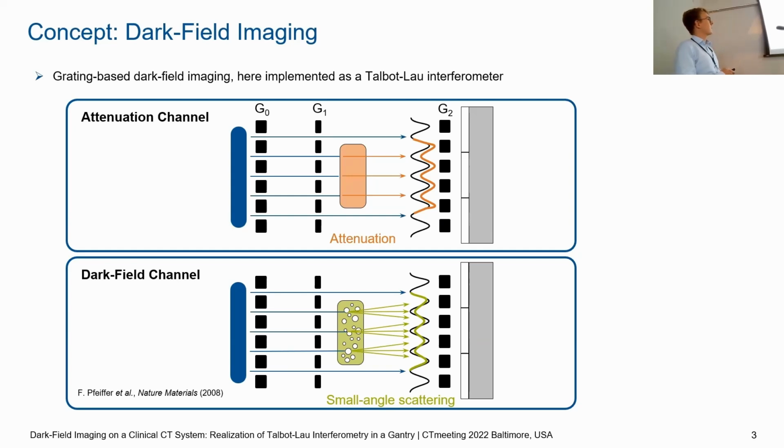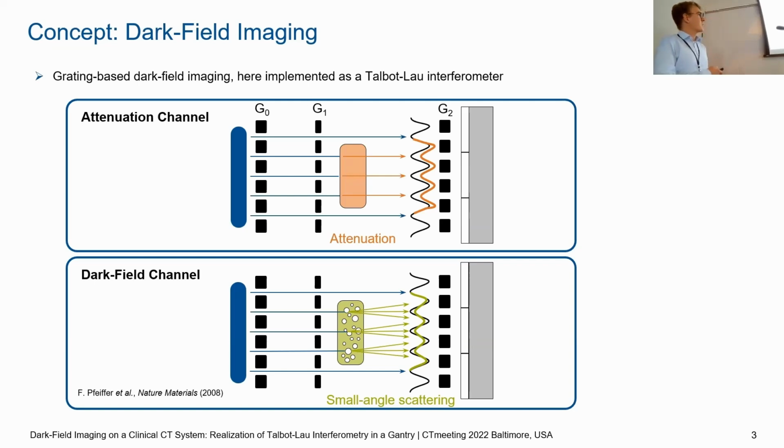This produces a fine interference pattern in front of the detector, which is attenuated or reduced in intensity by the attenuation of the sample. So pretty straightforward, what happens in a regular CT as well. But with this setup, we are also able to resolve the small angle scattering, which reduces the visibility of the pattern. And so we get this novel data information from the images.